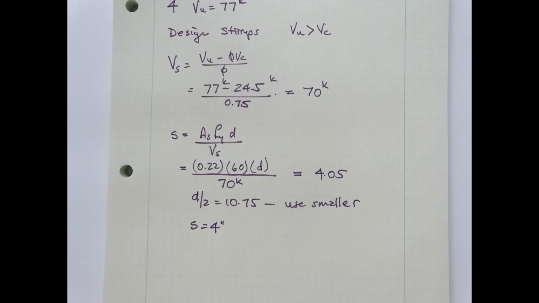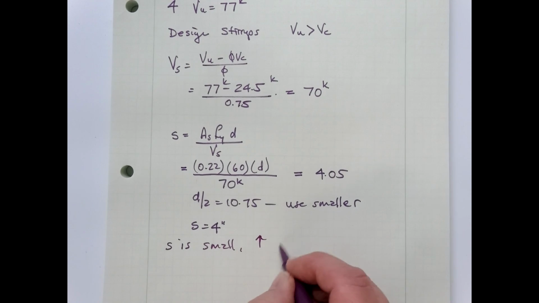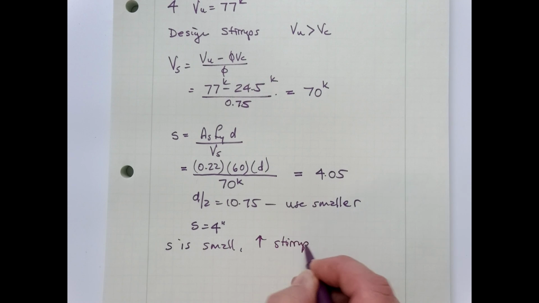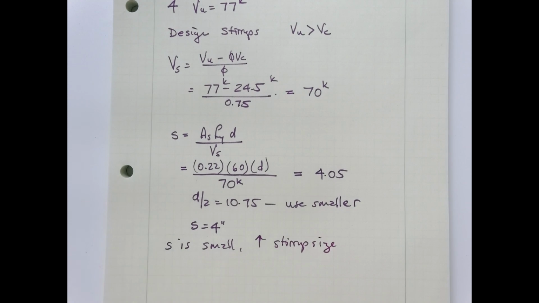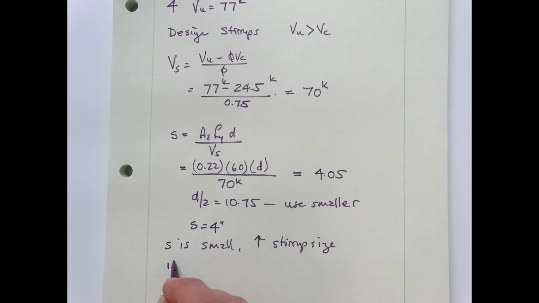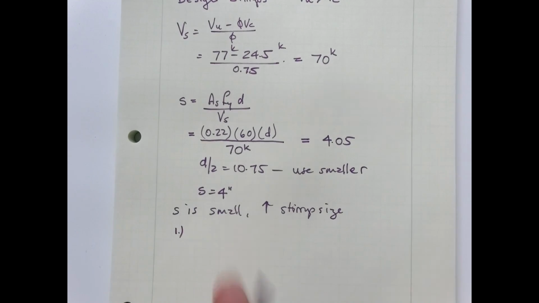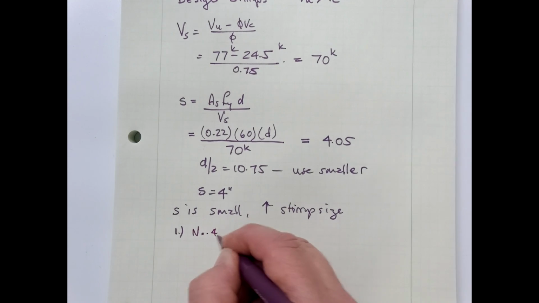So let's say we have two options. S is small, so increase the stirrup size. And we do two calculations here. The first is the one that the Tuesday people did, which is we're going to go to number 4 stirrups.